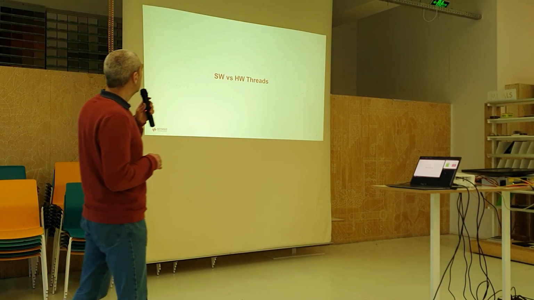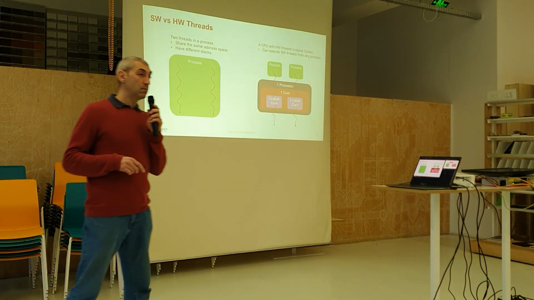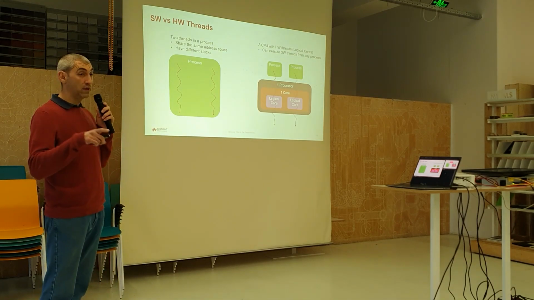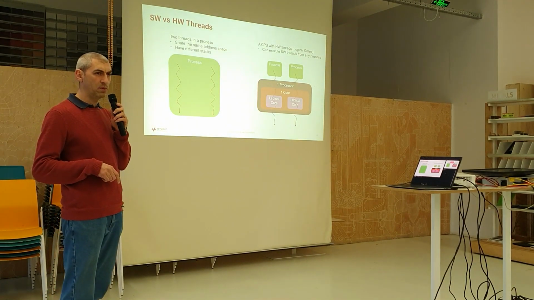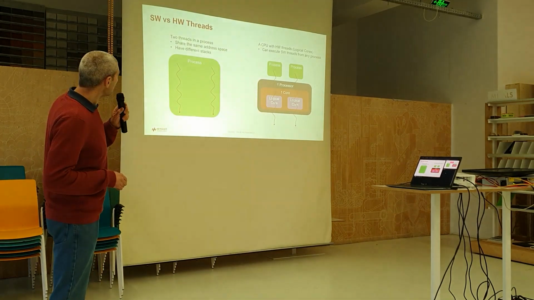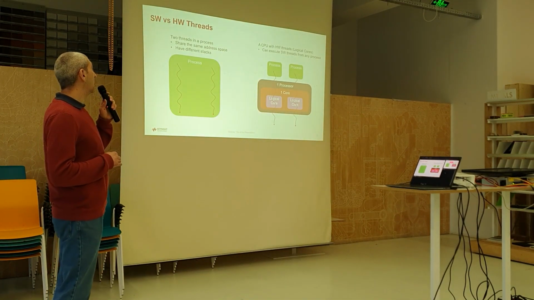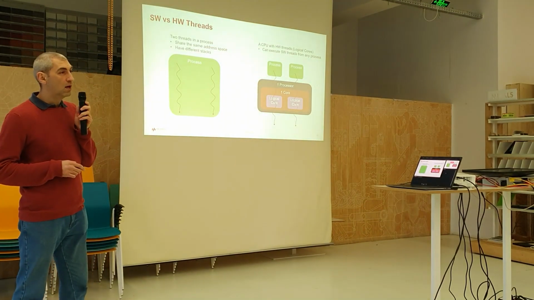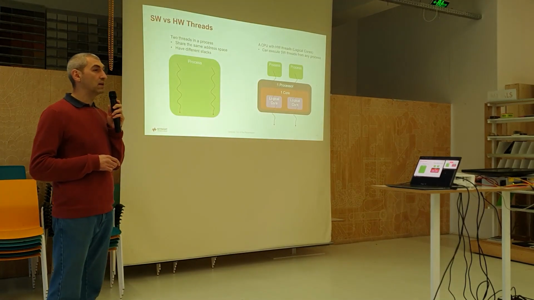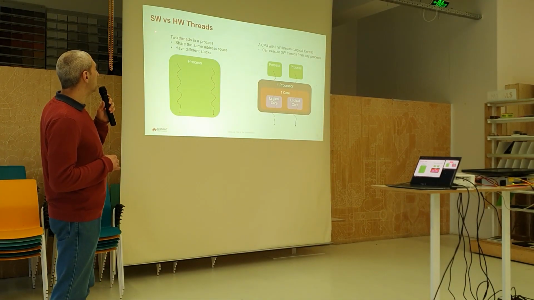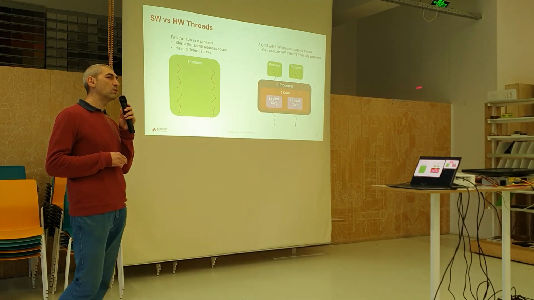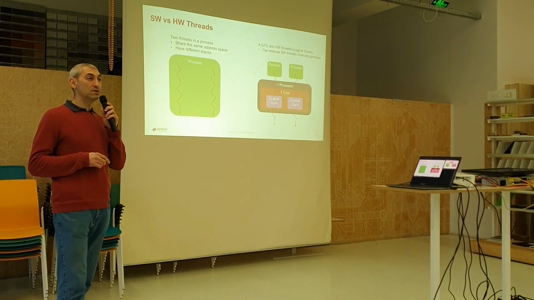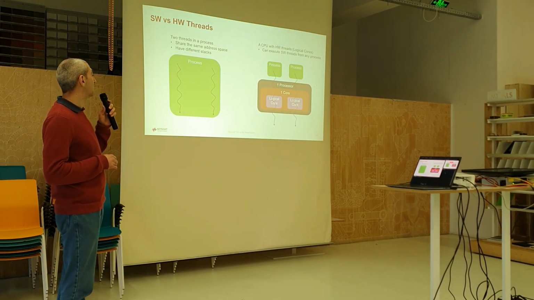Okay. Now, let's talk about software threads, about the difference between software threads and hardware threads. And at this point, I hope to answer your question, what's the difference between multi-threading and hyper-threading, right? Okay? So a software thread is more what the programmer or developer or user might think about the thread. It's more close to the software engineer, the one who compiles, loads, and what not does with his processor.